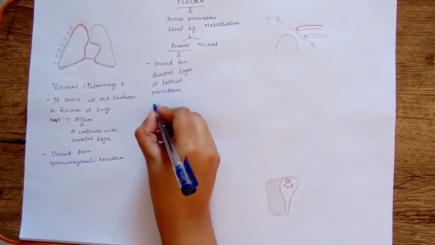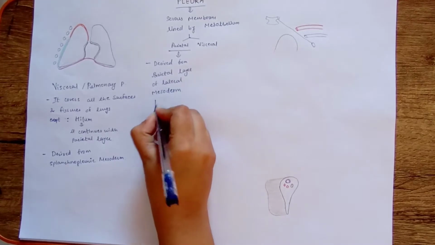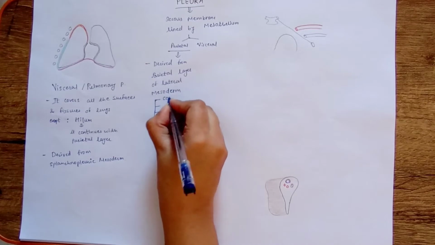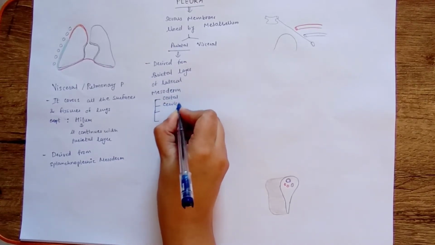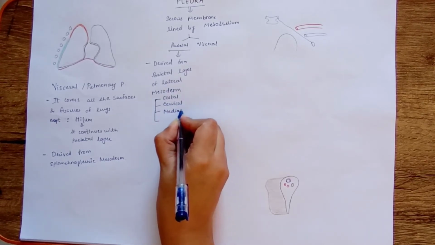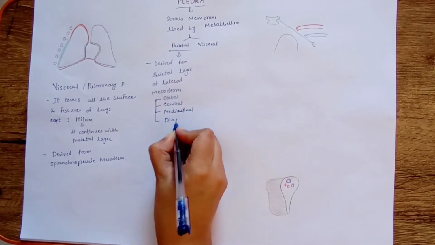It is subdivided into four parts, which are the costal pleura, cervical pleura, mediastinal pleura, and the diaphragmatic pleura.